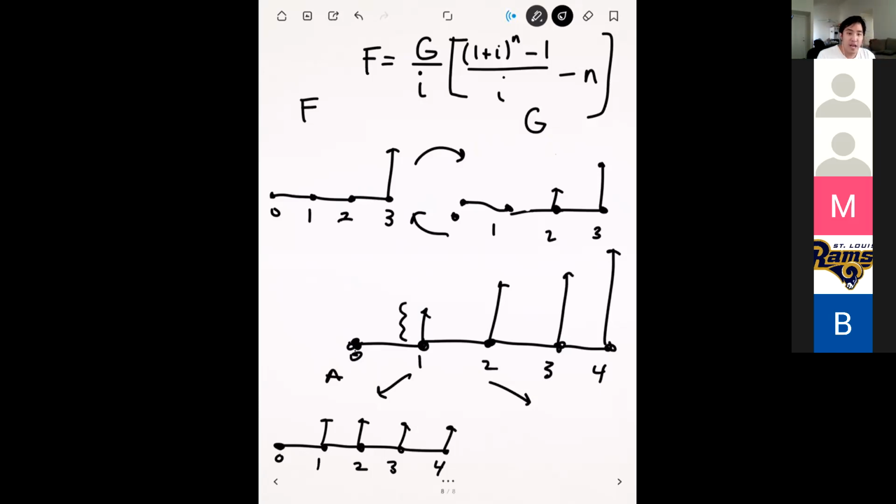So you can say that this cash flow diagram at the base has a uniform series of this amount. Okay. And then to that, you can add an arithmetic gradient that starts in year 2.